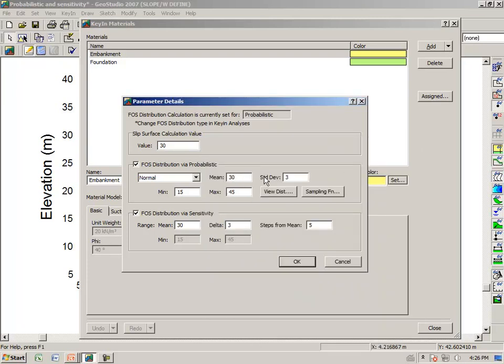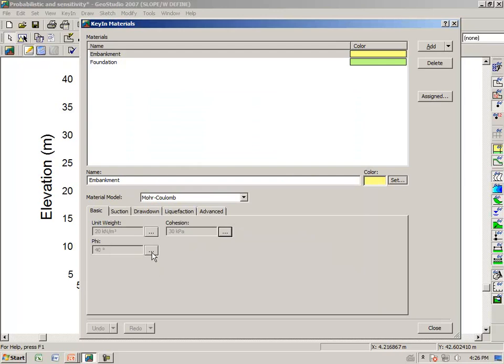The mean is 30 and the standard deviation is 3, but we've also overridden that with a minimum of 15 and a maximum of 45 for the cohesion. These values are not used until we get down to the sensitivity analysis.